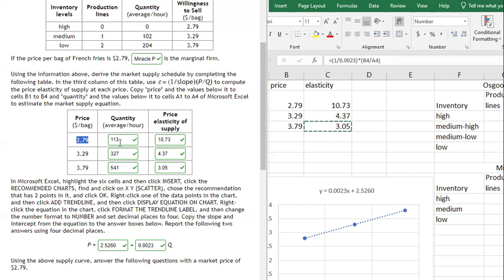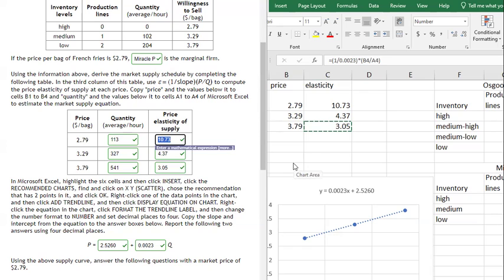At the low price, if we ask the question, what happens if price goes up by 1% from $2.79? Now, a 1% increase in the price when it's 279 is going to be about a 3-cent increase. So price goes up by 3 cents, or 1%, and quantity supplied is going to go up by 10.73%.